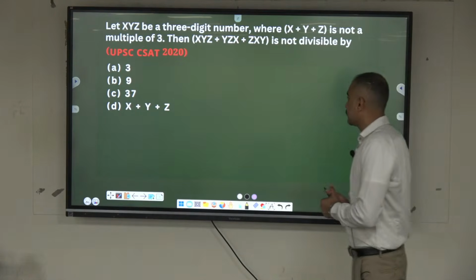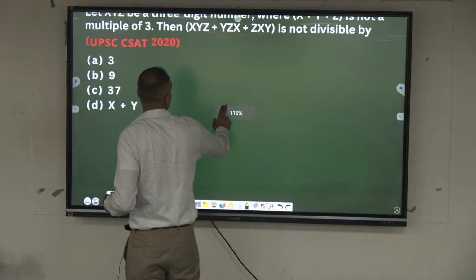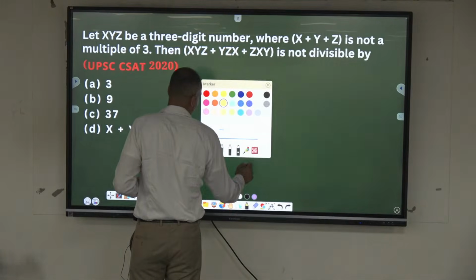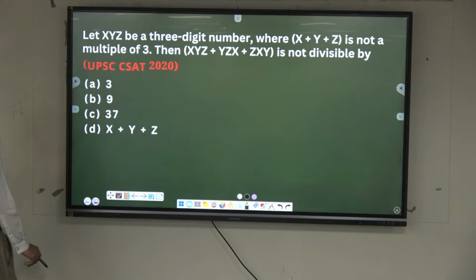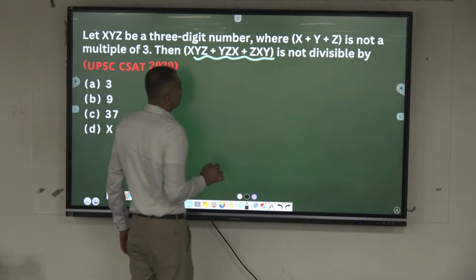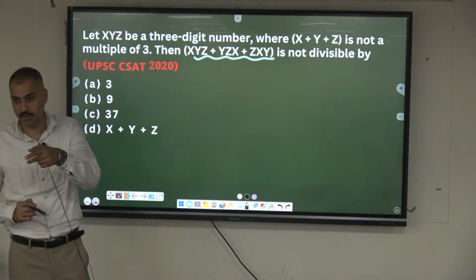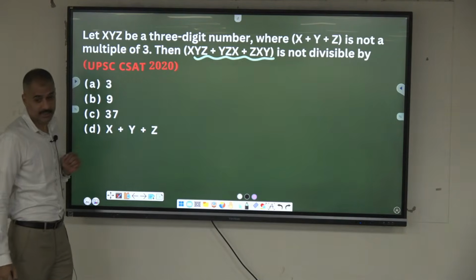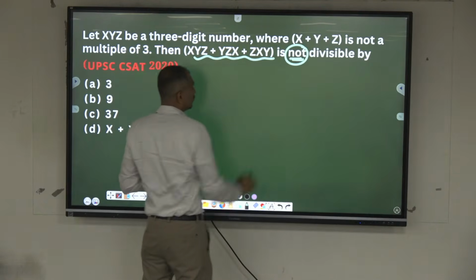Let xyz be a 3-digit number where x plus y plus z is not a multiple of 3. Then xyz plus yzx plus zxy, the same 3-digit number written in a cyclic order, is not divisible by which among these?